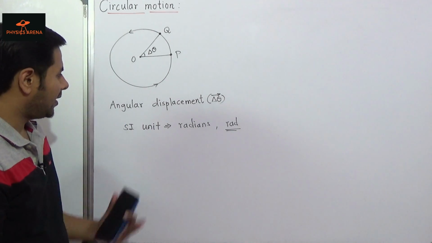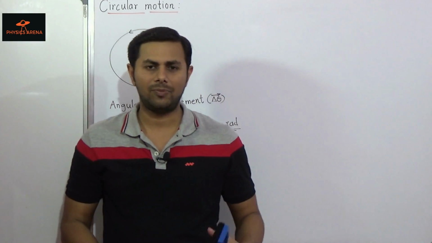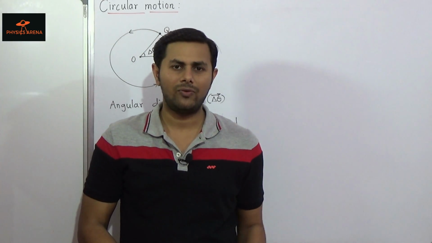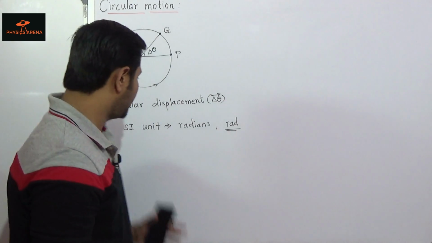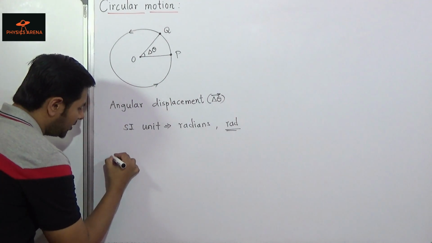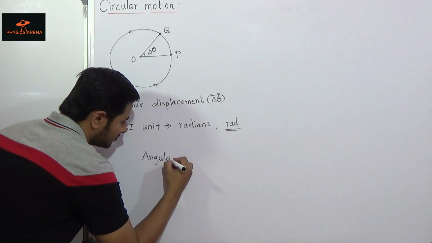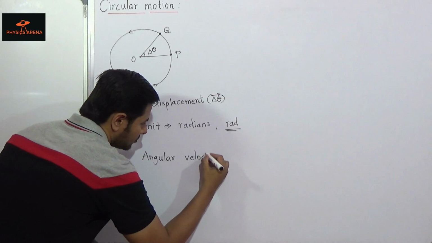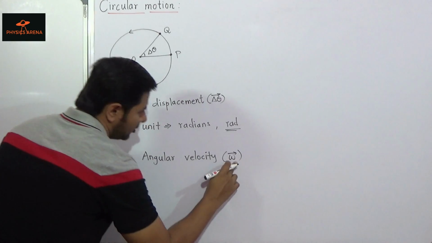Then, as we have defined the displacement, just like the case of linear motion where we have velocity equals displacement divided by time, here we can define a quantity called angular velocity. We denote it by this letter omega.